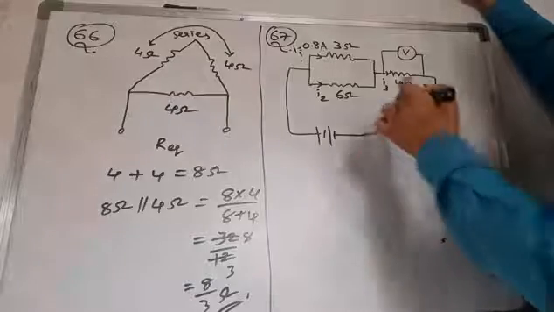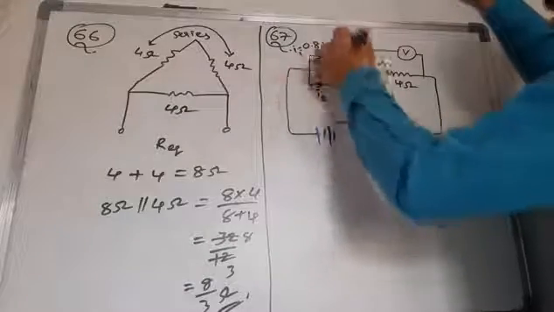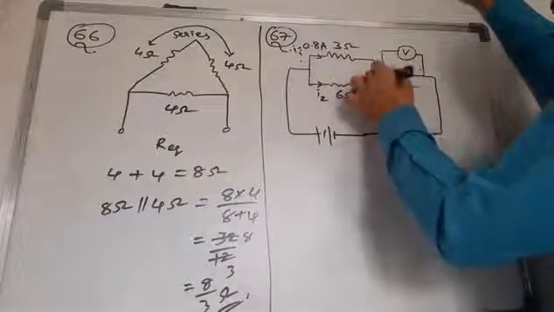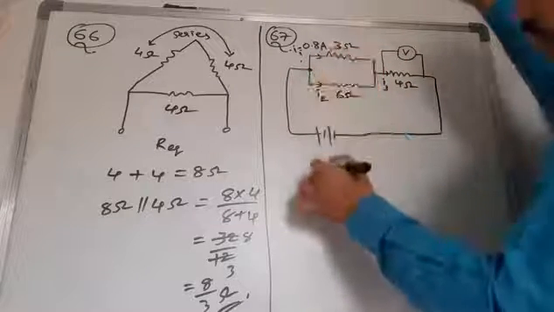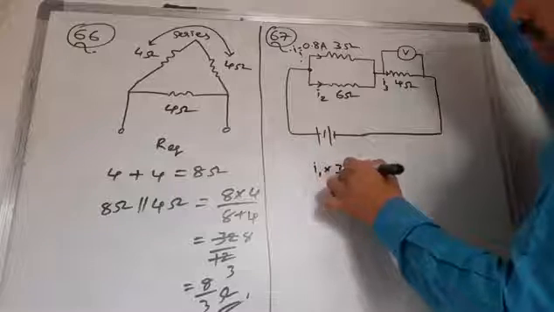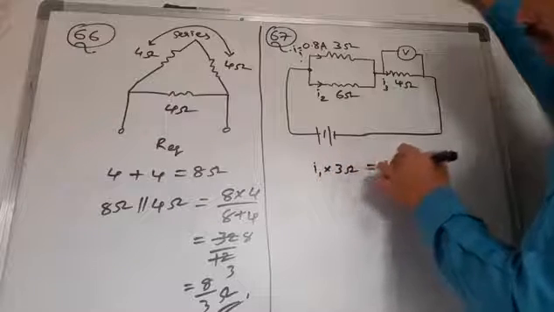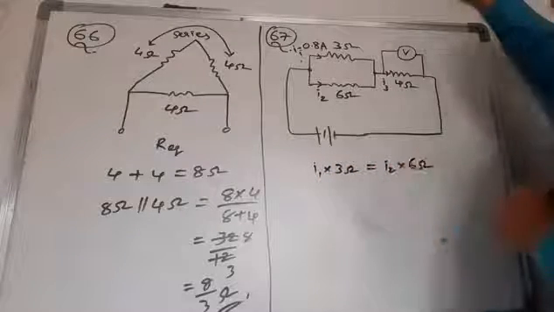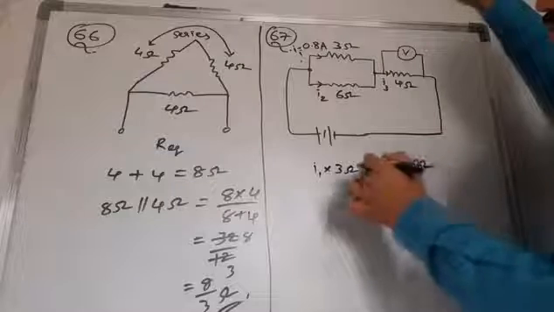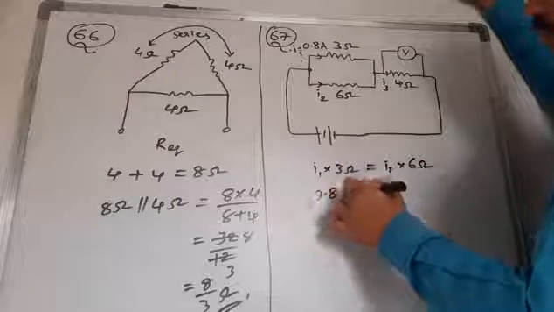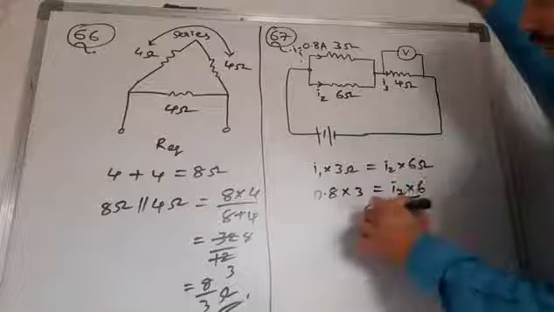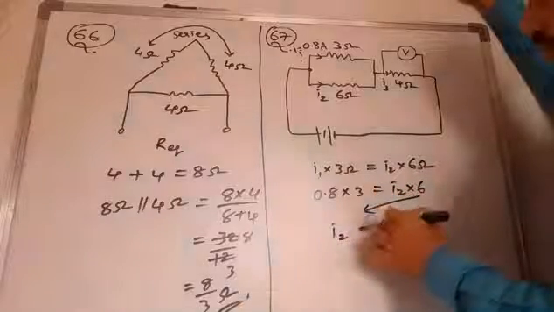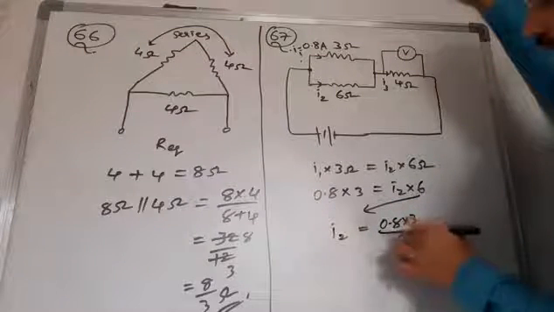Now we know that when they are parallel, the potential drop across these resistors will be same. So we get I1 into 3 ohms must be equal to I2 into 6 ohms. So we know I1, substitute 0.8 into 3 is equal to I2 into 6. Cross multiply, I2 is equal to 0.8 into 3 by 6.